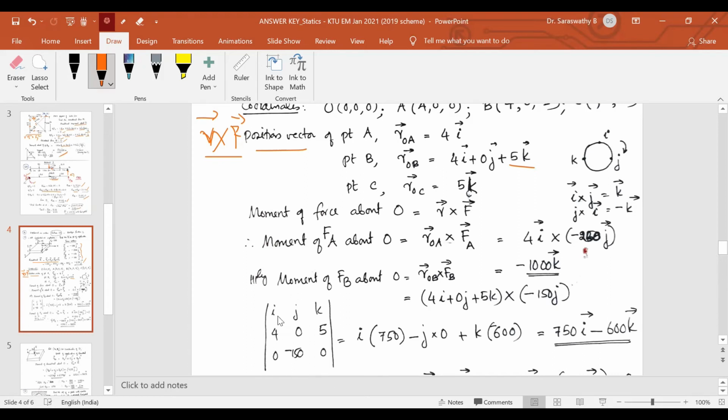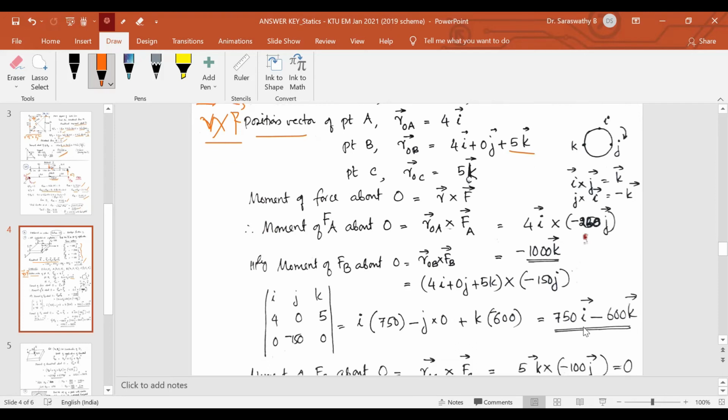Take the determinant: I into 0 minus minus 150 into 5, that is 750. J into 4 into 0 minus 5 into 0, that is 0. K into minus 150 into 4, that is minus 600. So we get the moment as 750I minus 600K.